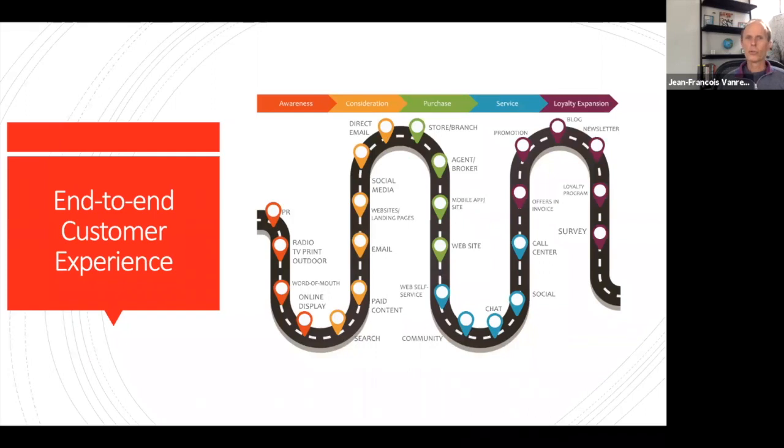The other aspect too is this end-to-end customer experience, right? So you have customers, you're going to sell them products, but there are a lot of touch points where your customers will connect with your company, right? So they're going to look at your product, they're going to look at your documentation, at your support site, at your chats, at your forums, and so forth.